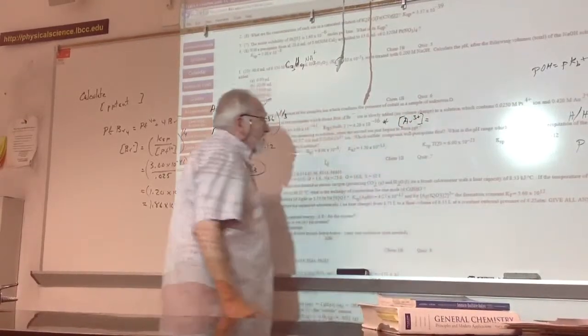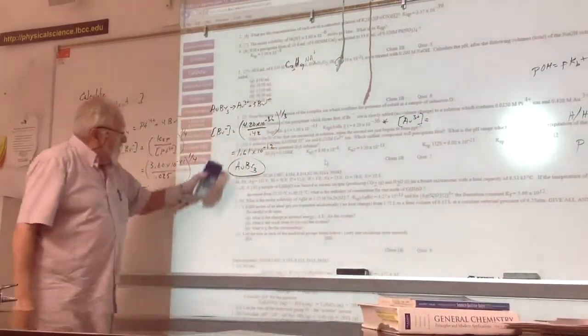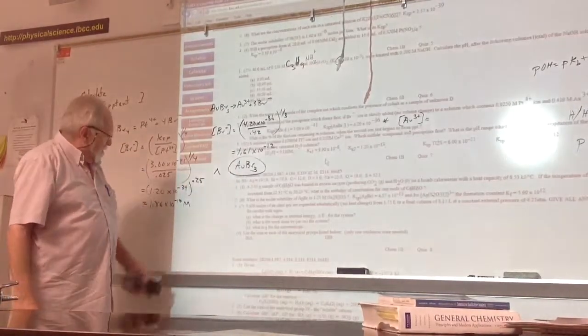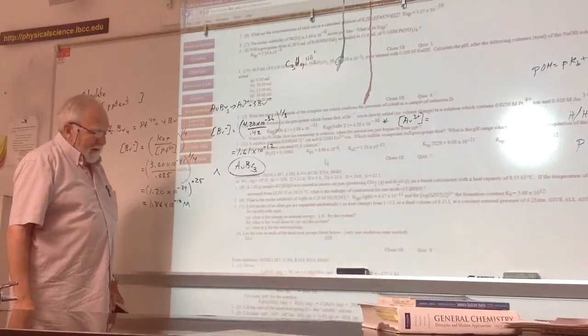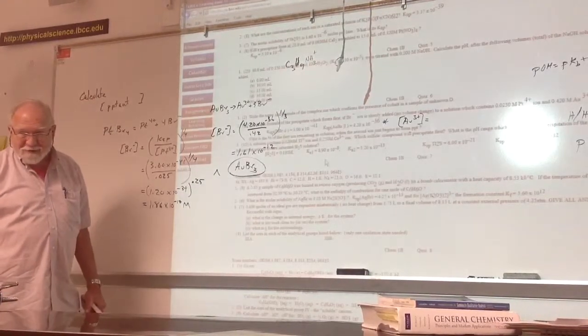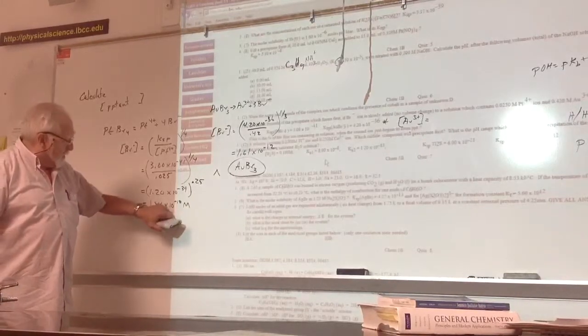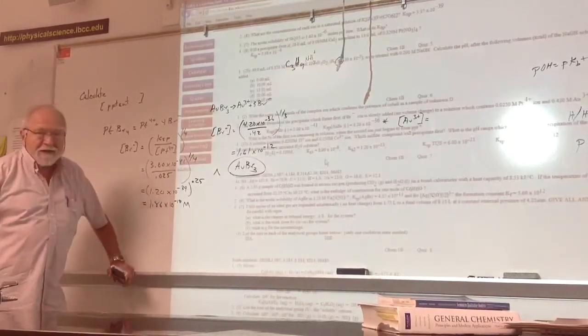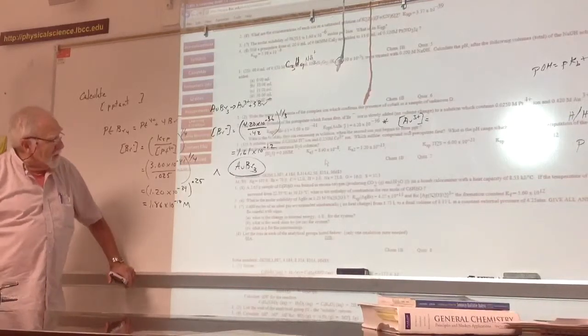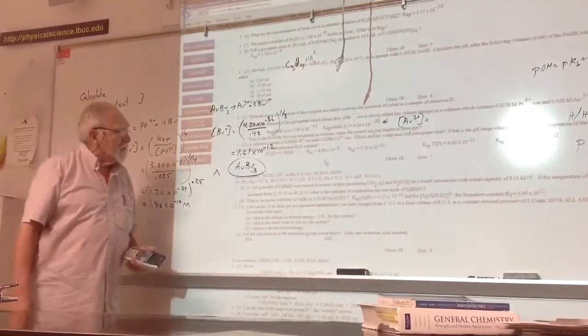But is it going to be bigger than this or smaller than this? Smaller. It has to go down, because you're precipitating out the gold until the concentration gets to this number, when you start precipitating the platinum simultaneously. So it has to be a number smaller than this.